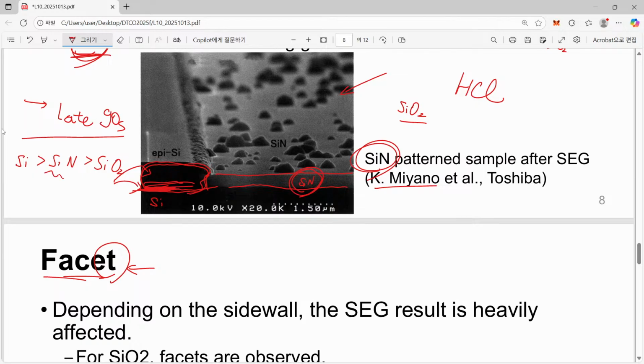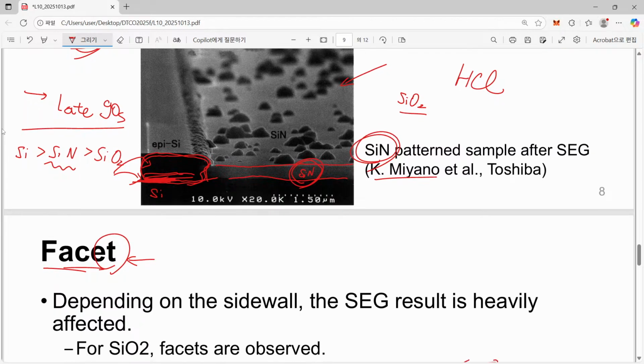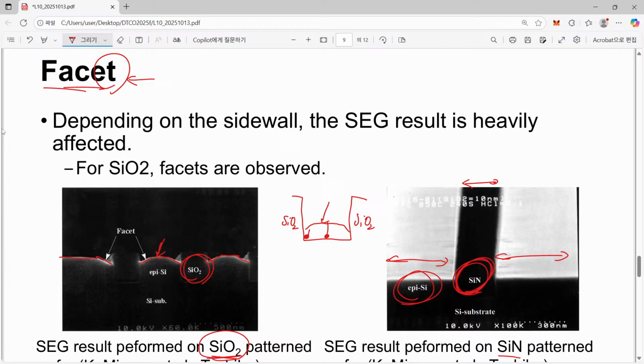So in this case, silicon nitride, although not as fast as silicon, is just okay to support the uniform growth. However, in the case of silicon dioxide, just nearby the silicon dioxide, it cannot grow quite fast. So that's the reason why we have this well-known facet occurrence. Well, then let's live with it.